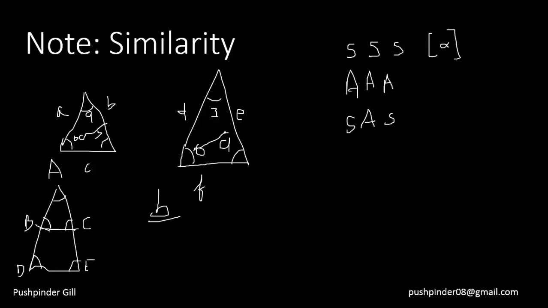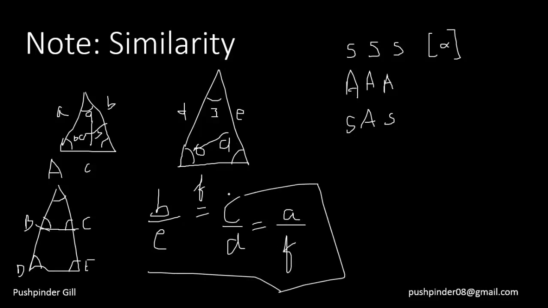E. Similarly, what is opposite to 90 here? C. And opposite to 90 here? D. Similarly, what is opposite to 30 here? A. And opposite to 30 here? F. So this is the relationship that will come out if two triangles are similar.